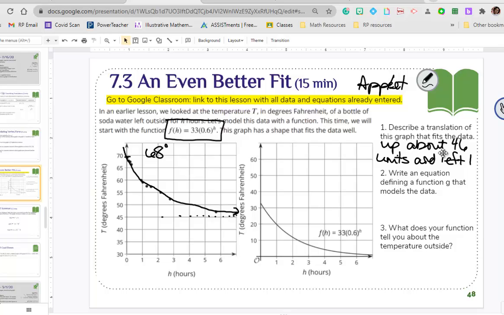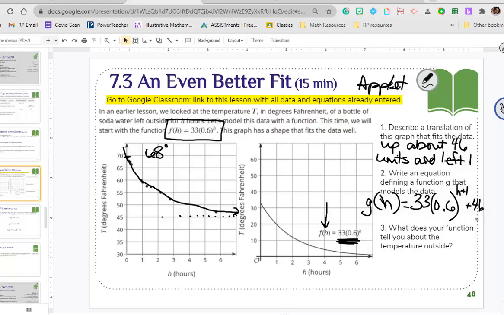And so to write that equation of function g, modeling our data, g of h, thinking about the inputs that they're using here with the hours, was the same starting equation that we had for f of h, 33 times 0.6 raised to the h plus 1 in our exponent, and then adding 46 to it. Seems to be a pretty nice fit.